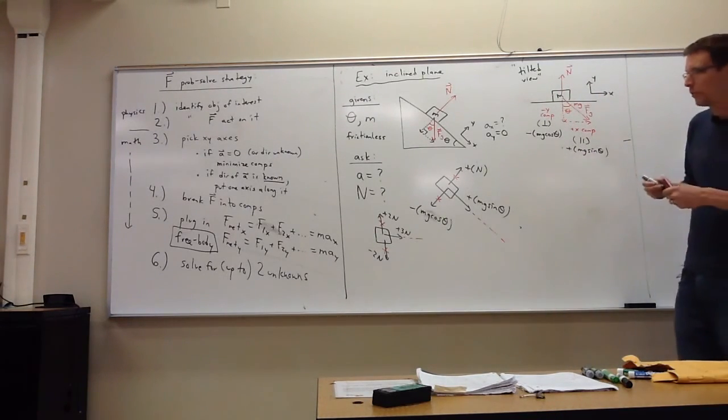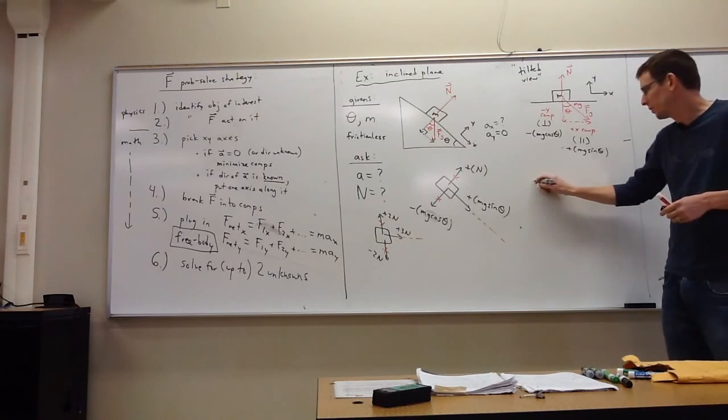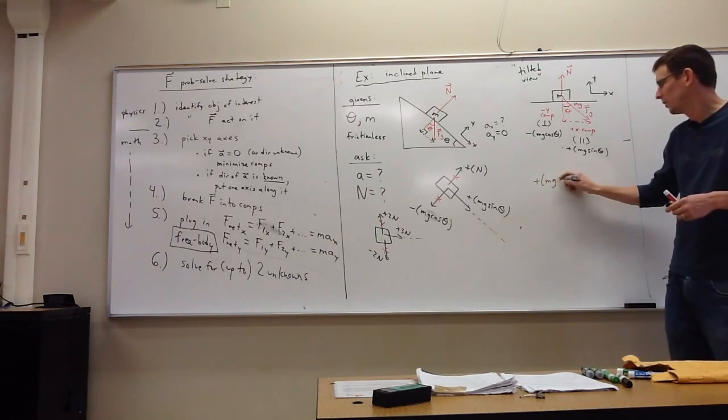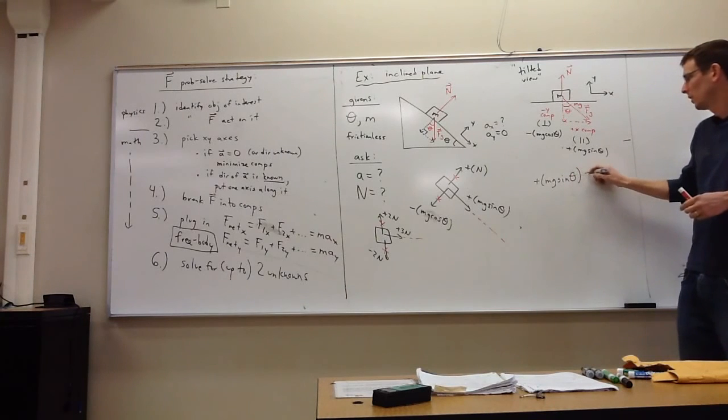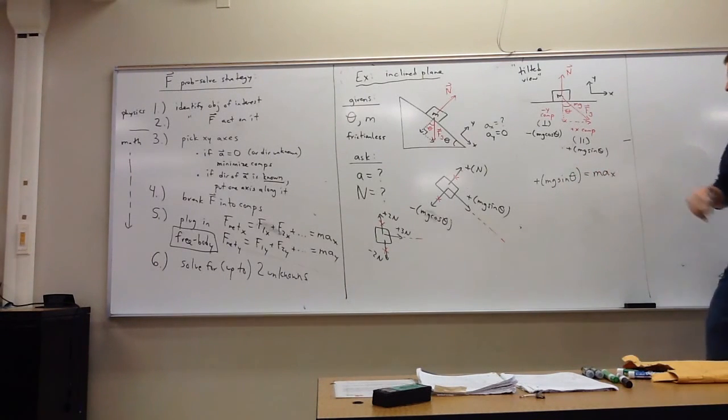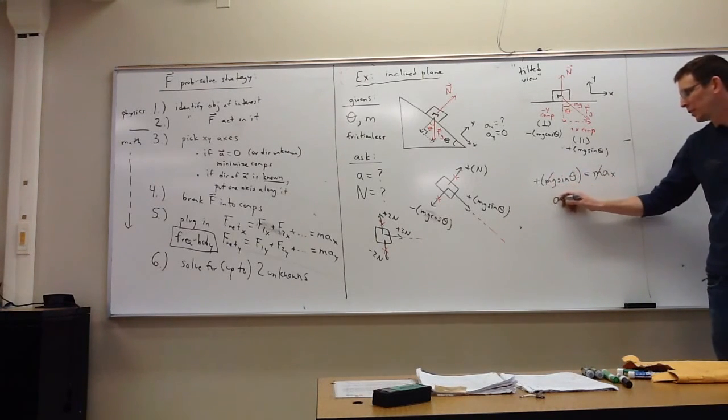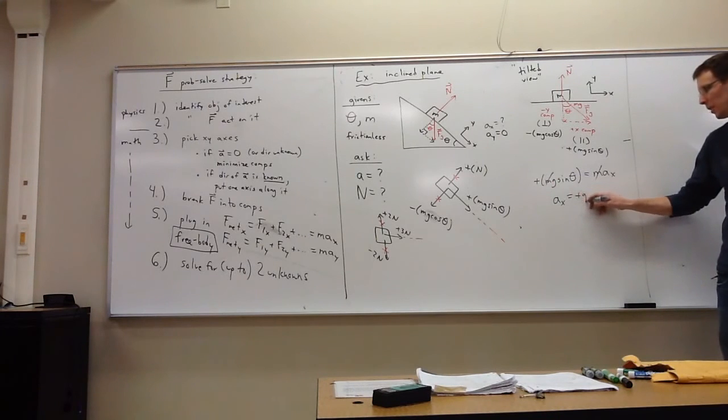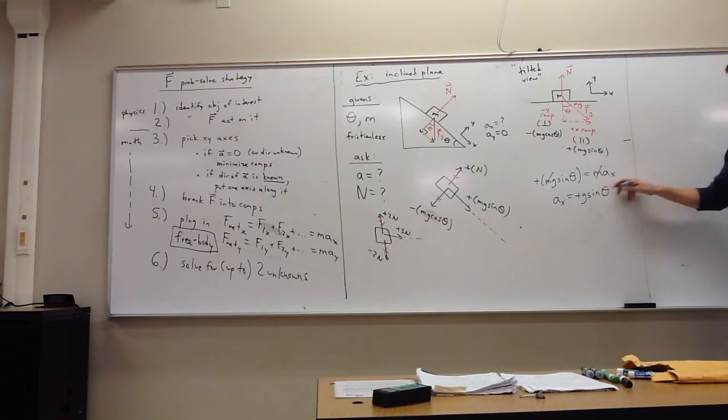So in the x direction, we have one uncontested force, and it is going to cause an acceleration. In fact, we can solve here. The acceleration in the x direction is plus g sine theta. Now, you could say, isn't that just the x component?